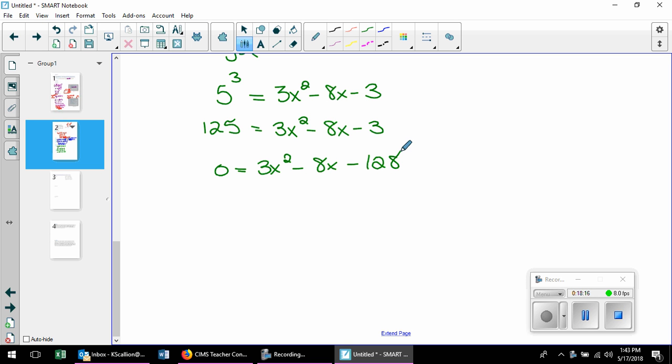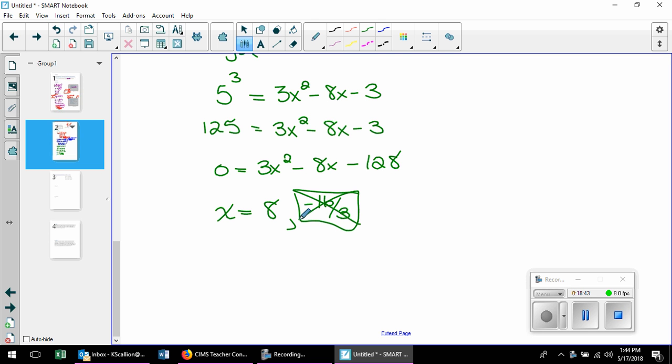In a case like this, 3 times 125, we're getting into a lot of big factors. I'd probably use the quadratic formula. It actually isn't terrible, the quadratic formula for this one. Your answers are 8 and negative 16 over 3. So what am I going to do? Reject the negative.